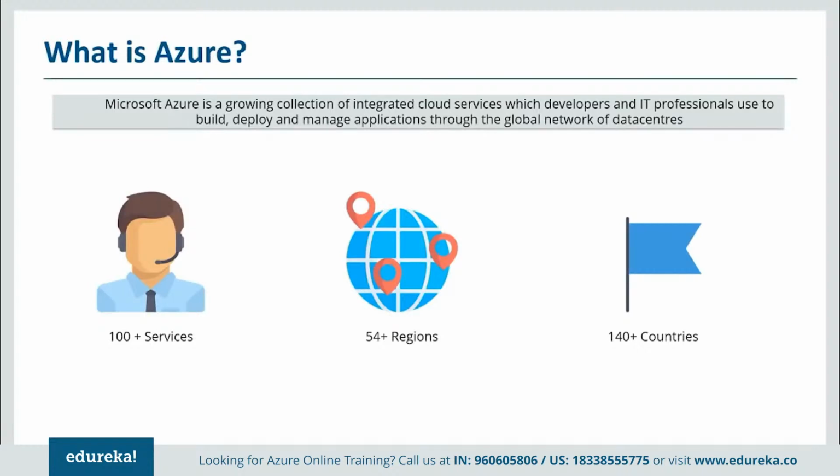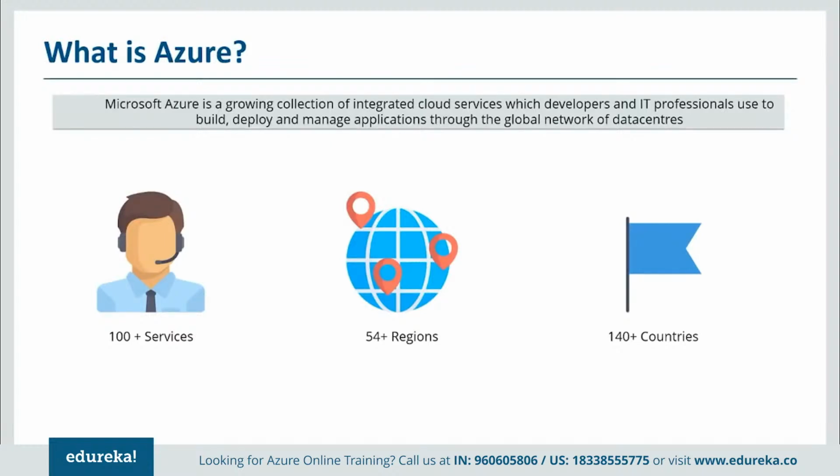It is available in US, in multiple regions, or in fact in multiple areas of US. It is available in India, it's available in UK, Australia, and a lot of different countries. So we have got approximately 54 regions, or in fact, a few more than that. And very recently, a region has also been established in Africa. So you can imagine the scale at which the cloud computing infrastructure is being built. And the only thing that you need to do is go and consume.